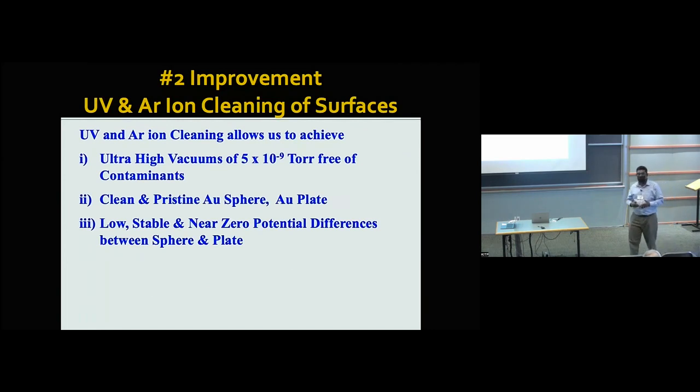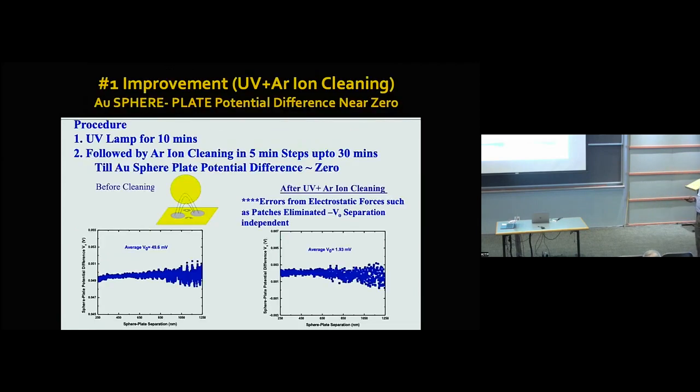The electrostatic force can be almost negligible for the separation distances that we're talking about. So here's something: before cleaning, the potential difference as a function of separation, you can see it has some non-monopole effects, dipole and quadrupole. That means the potential difference is changing as a function of separation. You can see that, but it's very small here.